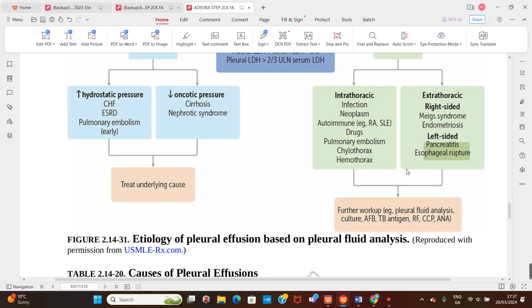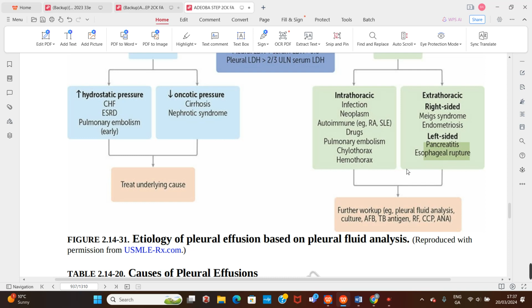You obtain a portion of the pleural fluid and you do the tests. For example, infection will be microbiological: your Gram staining and culture. Tuberculosis, if you are thinking tuberculosis, acid-fast staining and then culture too.